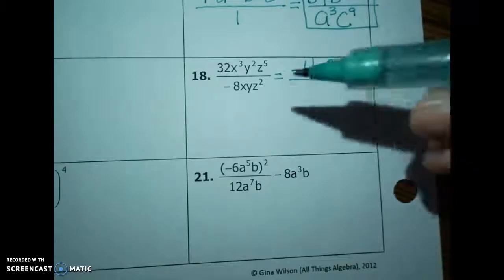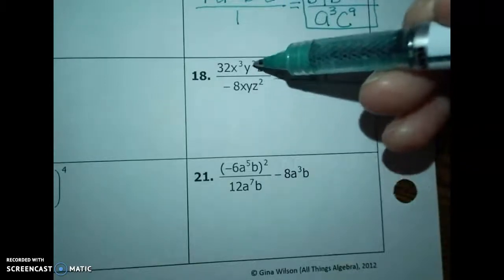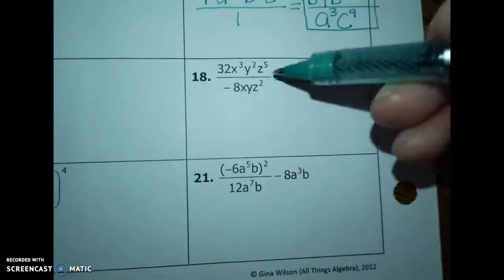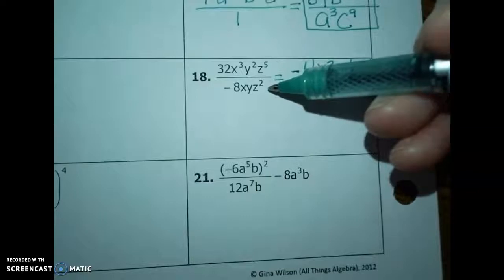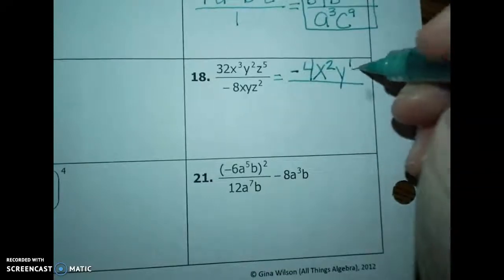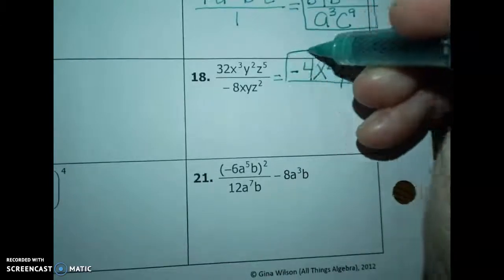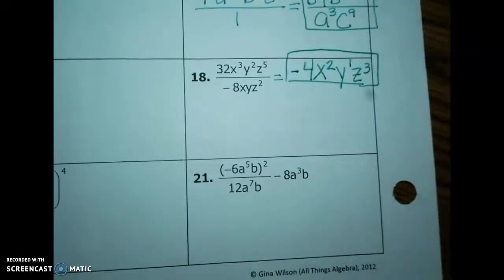Where are there more y's? Well, there's 2 on the top and only 1 on the bottom, so there's more on top by 1. And where are there more z's? 5 on top, only 2 on the bottom, so there's more on top by 3. Ended up not having anything left over on the bottom of this one, but that's okay. So that's going to be my final answer.